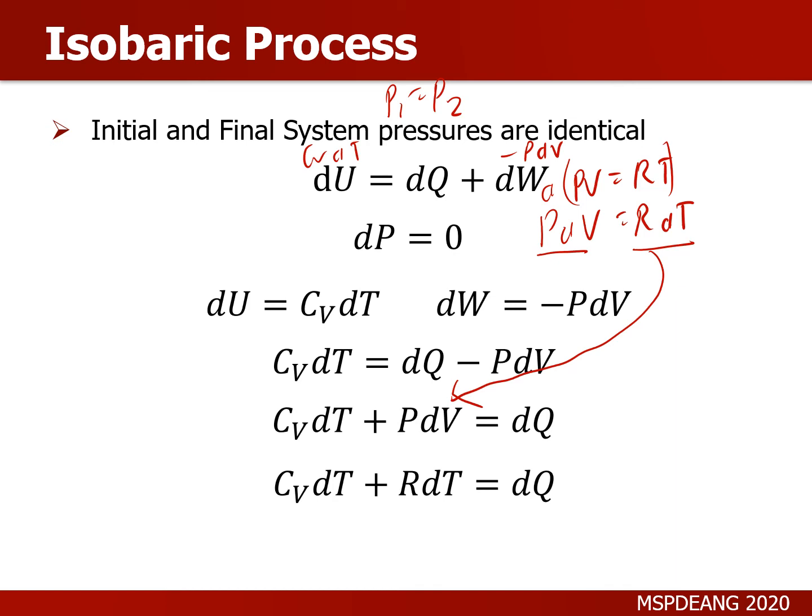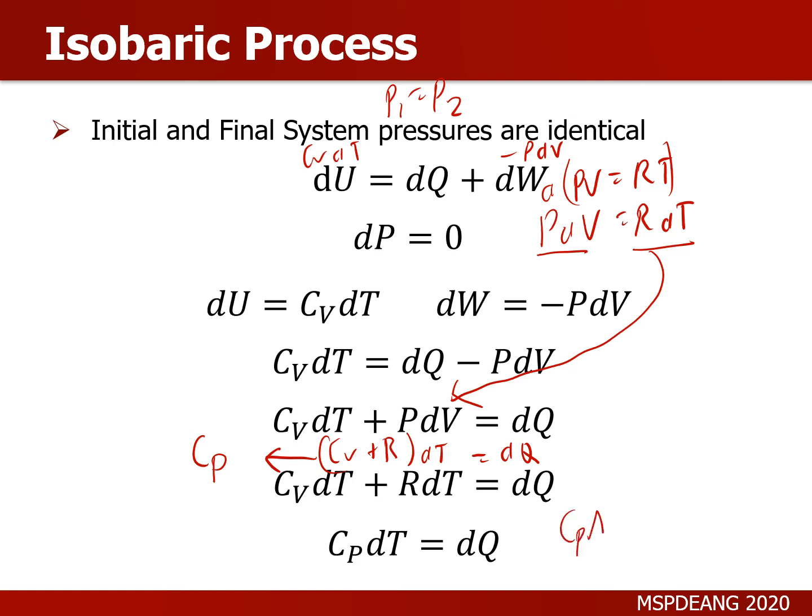You can now factor out Cv plus R dT is equal to dQ. But Cv plus R, recall from an ideal gas, this is also equal to Cp, or the heat capacity at constant pressure. Thus, for an isobaric process, dQ is simply equal to Cp dT, or if you integrate both sides and assuming constant Cp, Cp delta T is equal to also delta H, which is equal to Q.